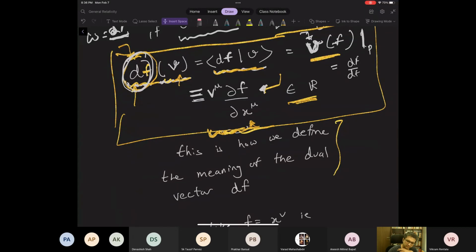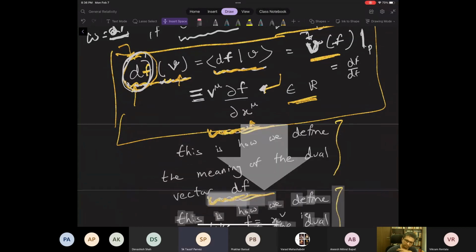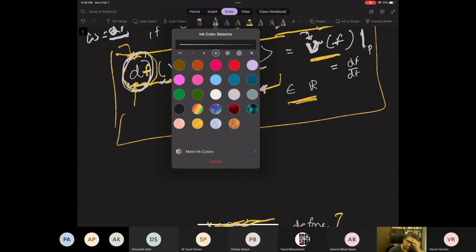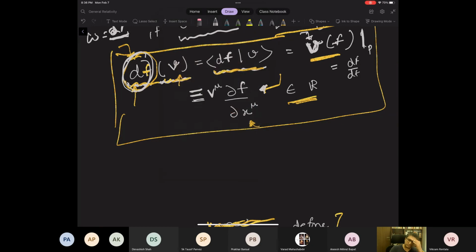Okay, I think it is guaranteed. If they don't differ by a constant, then you will get a different dual vector. So dg is not the same as df in general. It's a different vector in the dual vector space.